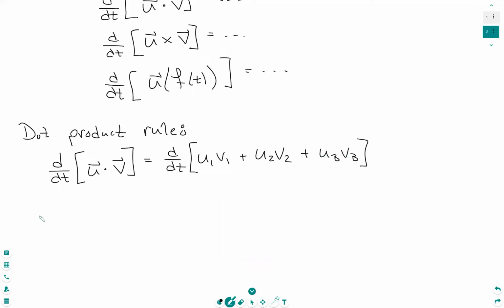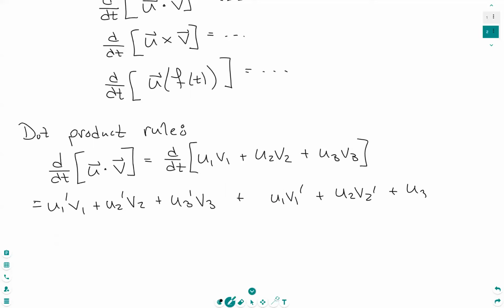So we're going to have to do a lot of product rules here, but I'm going to write it in such a way. So we have u1 prime v1 plus u2 prime v2 plus u3 prime v3 plus u1 v1 prime plus u2 v2 prime plus u3 v3 prime.